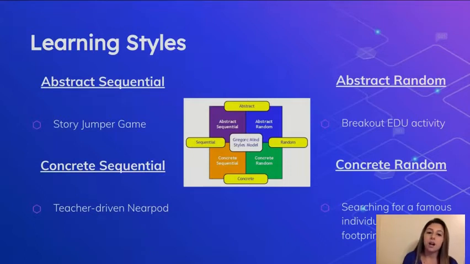And then in regards to concrete sequential, Nearpod is very teacher driven, so that way those students can stay on task. And for concrete random, searching for a famous individual's digital footprint online will really help those students with Flipgrid, because they also are looking up information. So they do have responsibility, but it's also something that has some different guidelines to it.